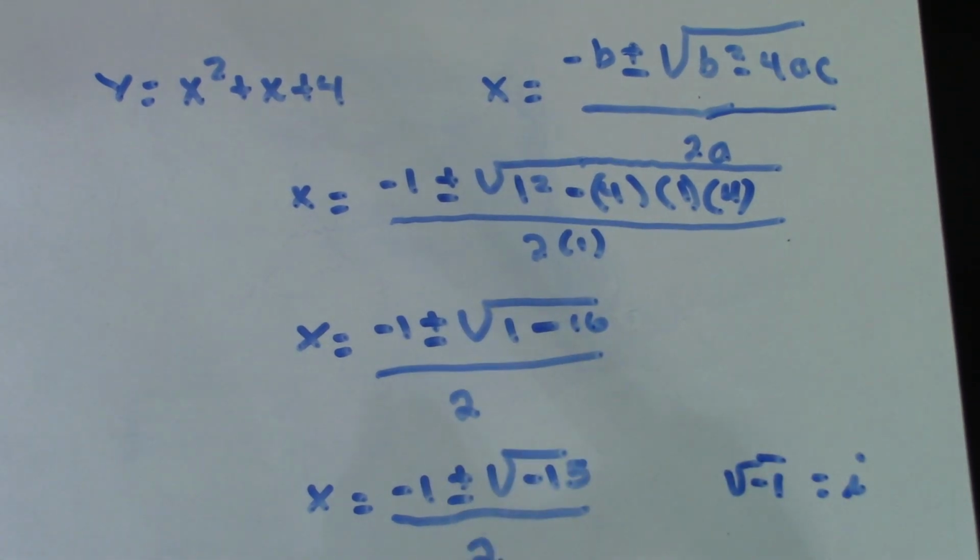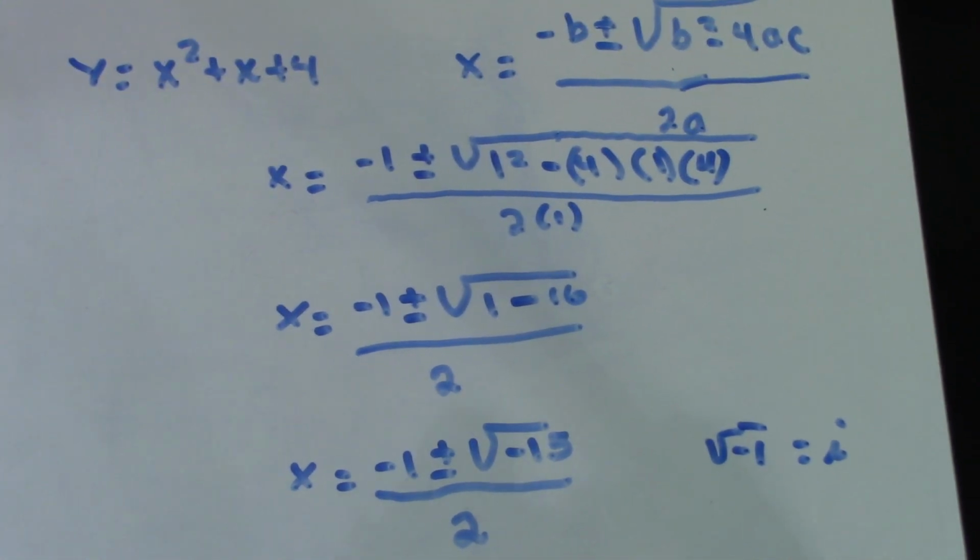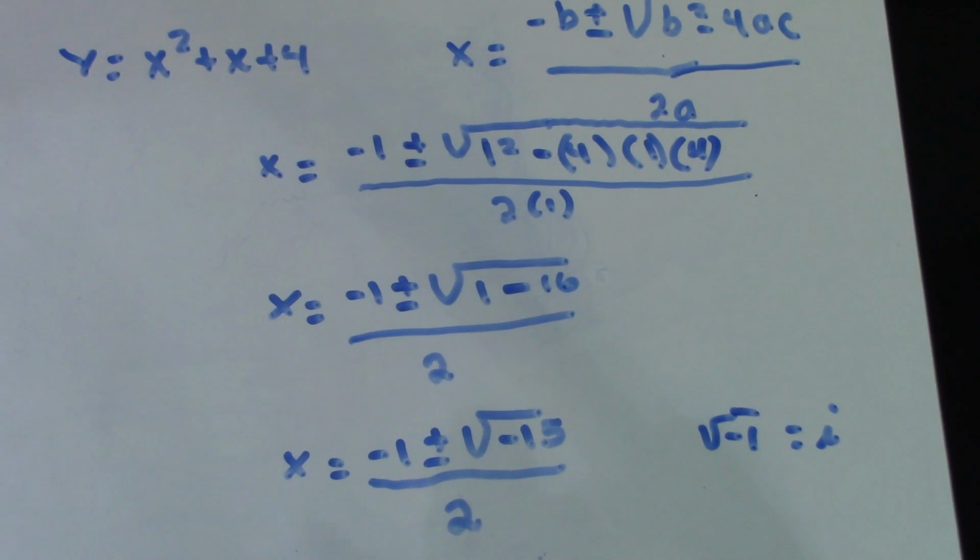So we get x equals negative 1 plus or minus i times the square root of 15 over 2. And so we see that when we graphed it on the x and y coordinate plane, it didn't give us any real roots because our roots are imaginary.